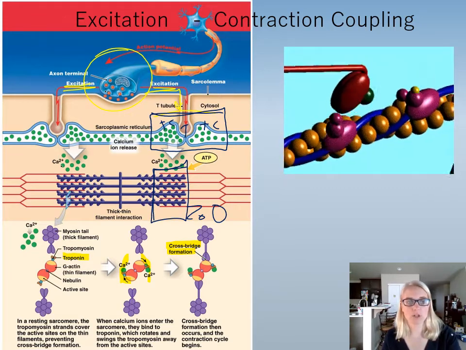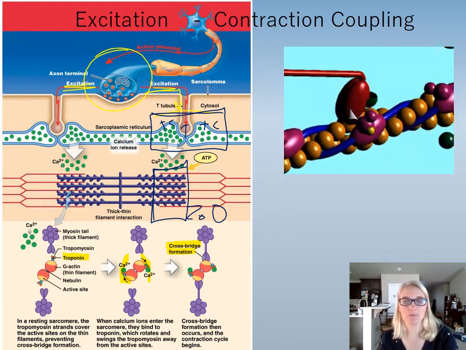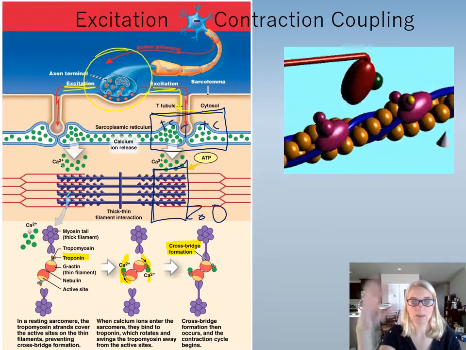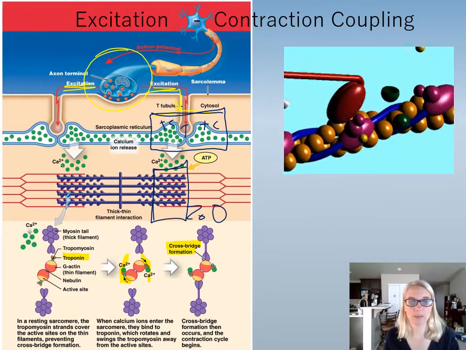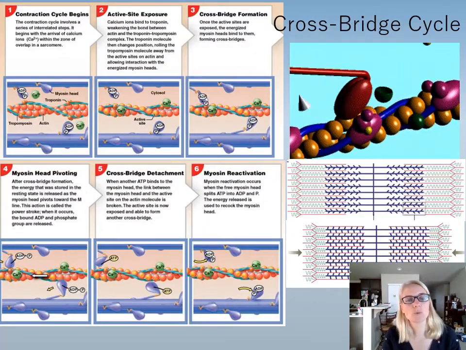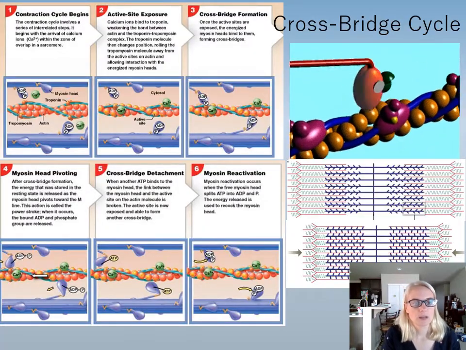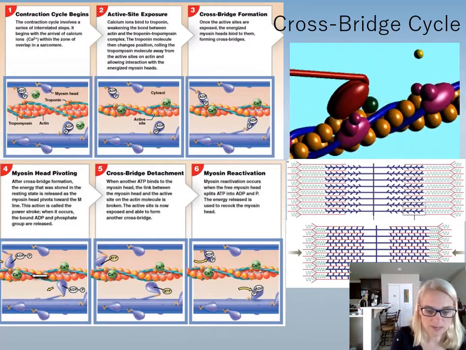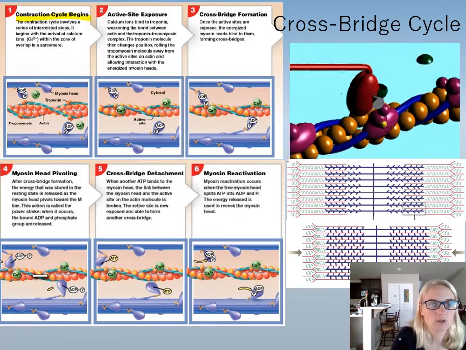So now what we're going to do is take a look at how that myosin head cycles through these repeated power strokes, energized by ATP. Okay, so here's what we call the cross bridge cycle. Again, we're going to start at a resting cell. So step one, contraction cycle begins.